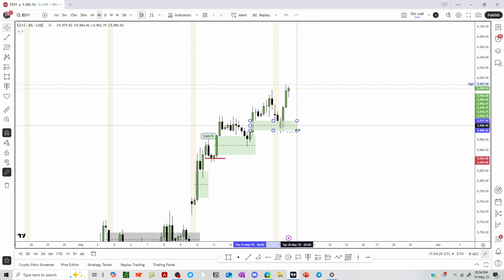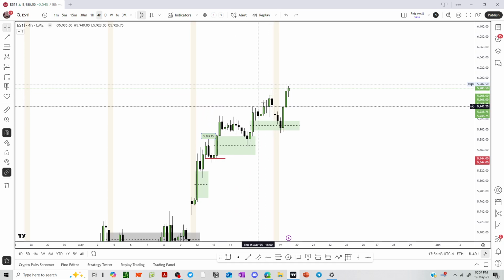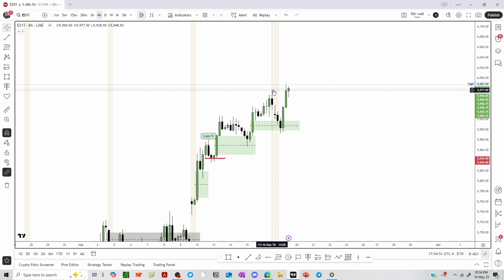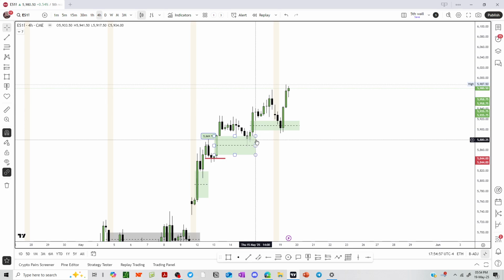That's how I feel. All right, so internal range, external range, then you're climbing up, taking out more external range. It's not necessarily three drives, but one, two, three. You've got to pull back into a discount, into internal range again, then external range. Is that clear? It's very clear to me.